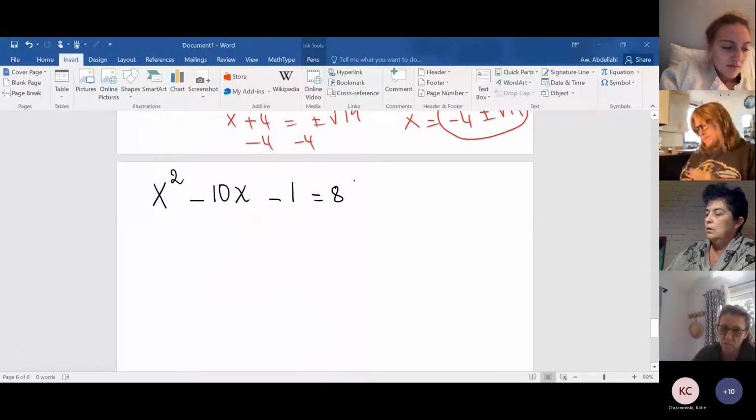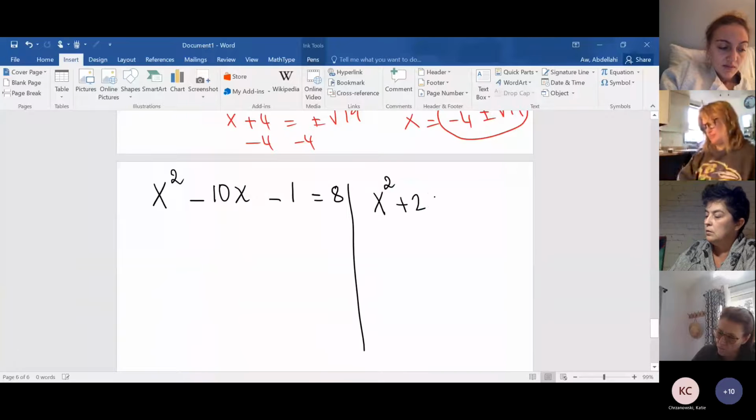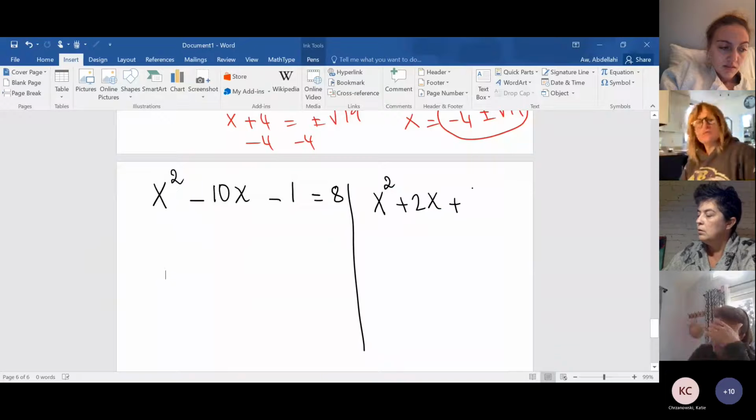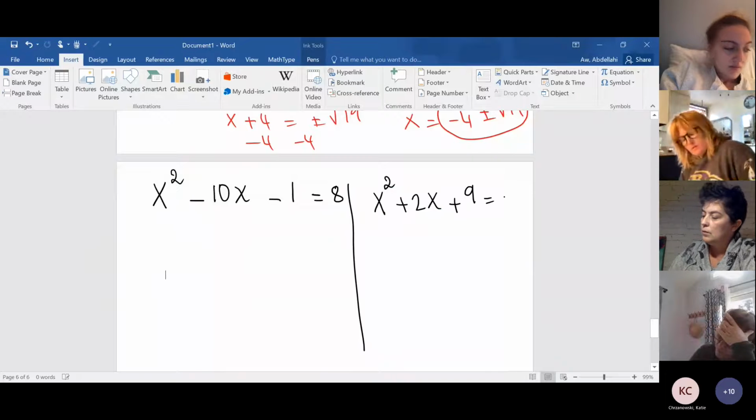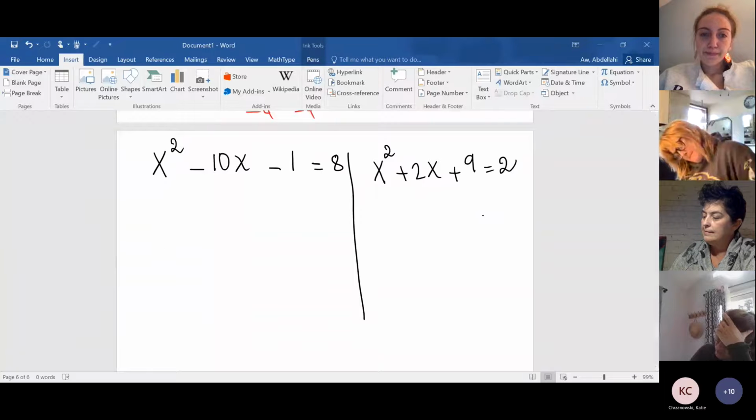And the second one is x² + 2x + 9 = 2. Try to repeat exactly the same steps we talked about and see what solution we come up with.